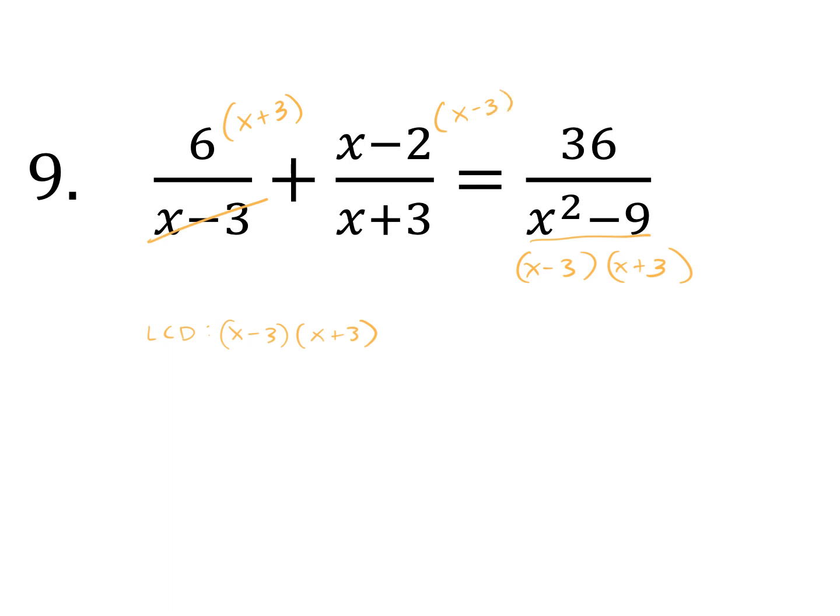X minus 3. So I'm going to multiply the x minus 3. What's missing from the third fraction? Neither. They have both. So we don't multiply anything there. So I'm going to write my new equation. I have 6 times x plus 3, x minus 2 times x minus 3, and that's equal to 36.